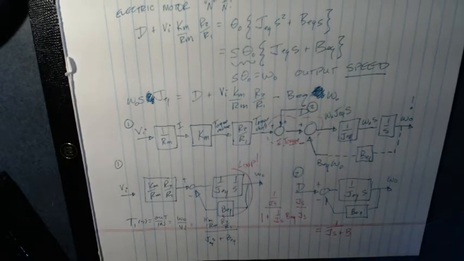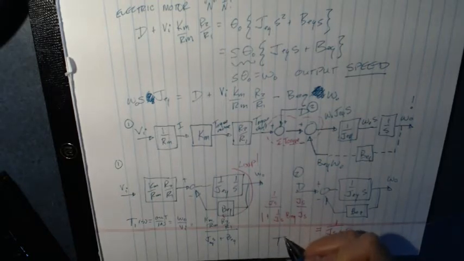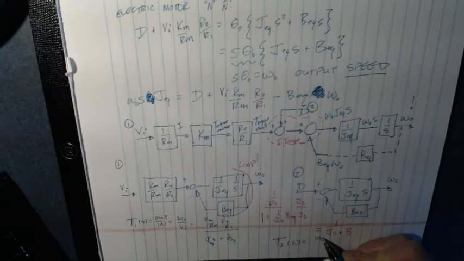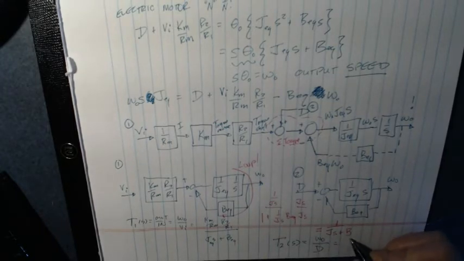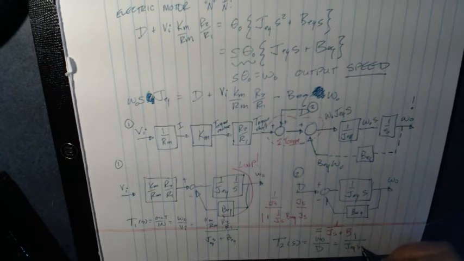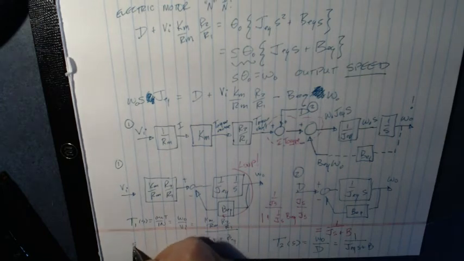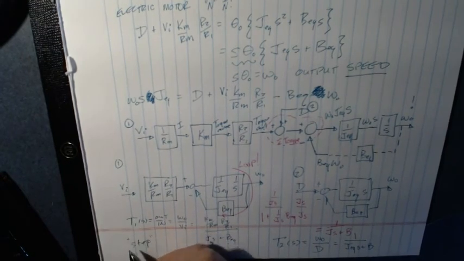And then I can also do this one if I want to. This is T2 of S. T2 of S is equal to the output over the input, where the output is still omega 0, but now the input is D, my disturbance, and I can say 1 over J equivalent S plus B. Either one of those two transfer functions, I can run using MATLAB's step command, and I can see what the output is.